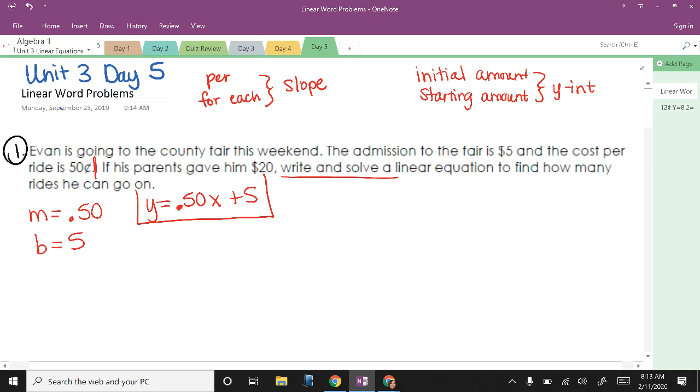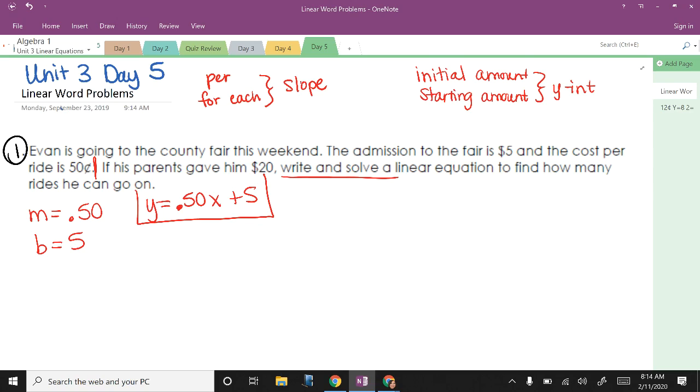Now it says, if his parents give him $20, how much money does he have? $20. Does he have more than $20? No, that's the total amount he has. Write and solve a linear equation to find out how many rides he can go on. Well, wasn't it 50 cents the cost per ride?